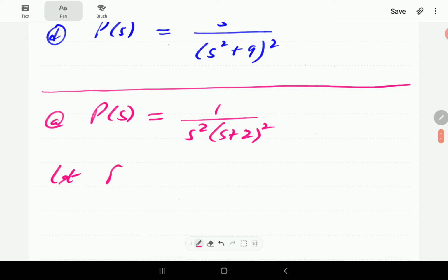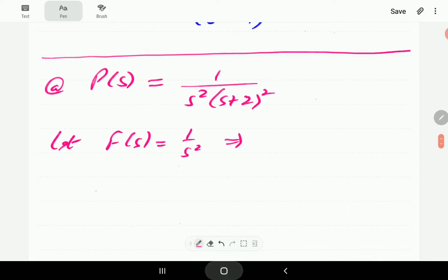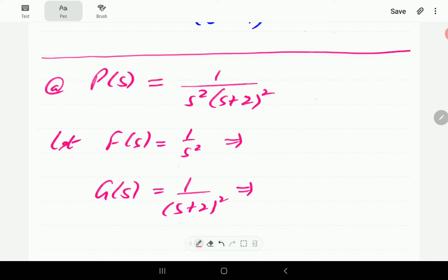So what we're going to do is let F(s) be 1 over s squared, and then we're going to let G(s) be 1 over (s plus 2) all squared. Then from the table of Laplace transforms, the Laplace transform of f(t) is 1 over s squared.